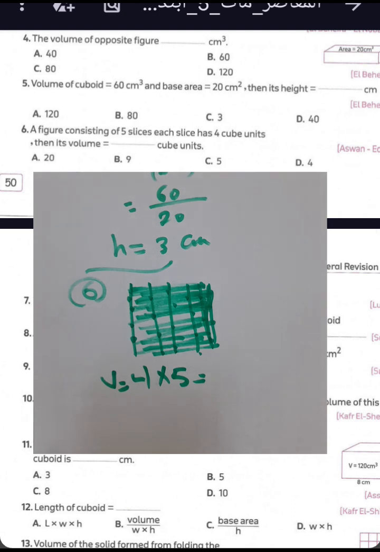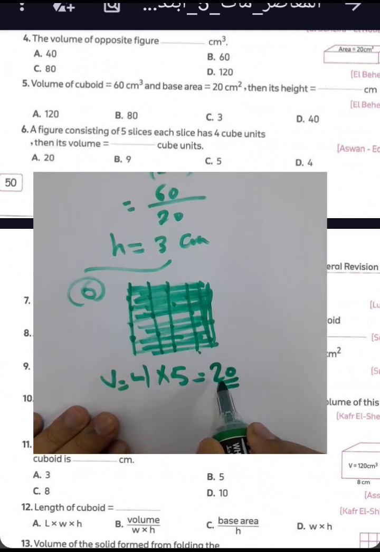To find the volume, you must multiply the number of slices by the number of cubes in each slice. Again, the volume of a cuboid equals the number of horizontal layers times the number of cubes in each horizontal layer. Now we write the number of slices and the number of cubes in each slice and find the product between them. 4 times 5 equals 20. The volume here is 20 cube units.